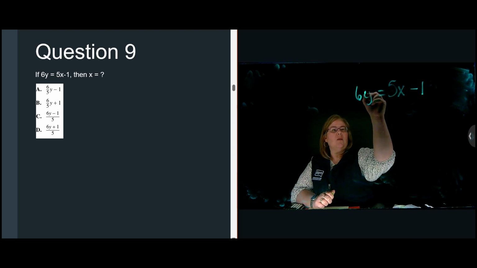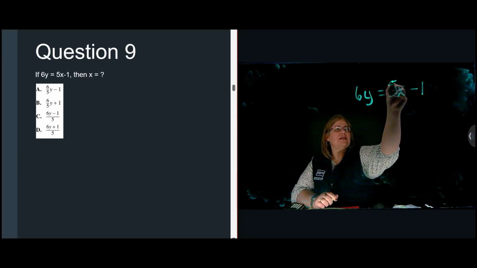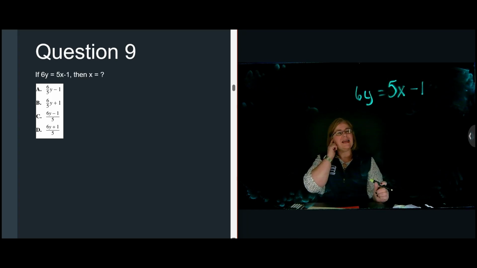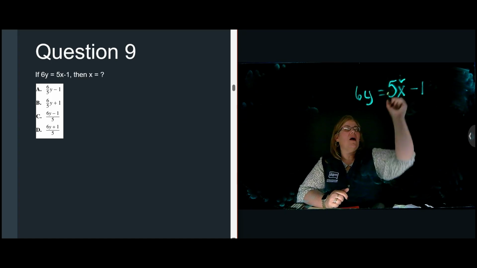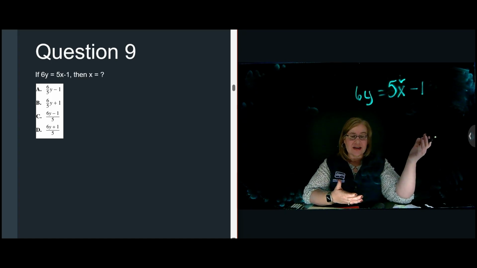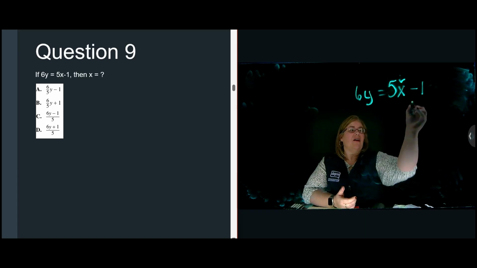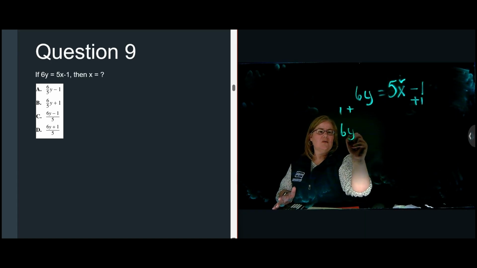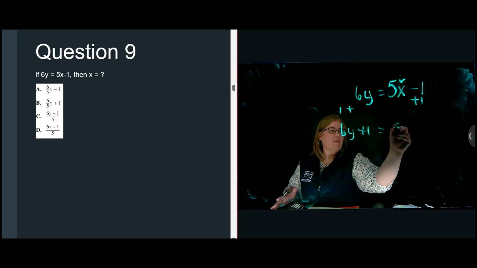All right, so I have 6y. All right, so I have 5x. So here we go. What I need to do is get this x by itself because they want to know what x equals. So I'm going to do the opposite operation and get my x by itself. I'm going to add 1 to both sides. So I have 6y plus 1.